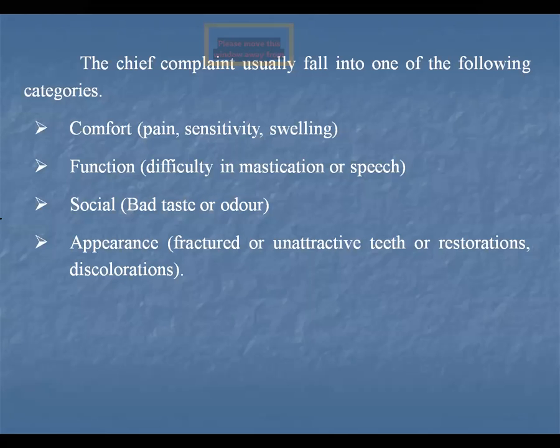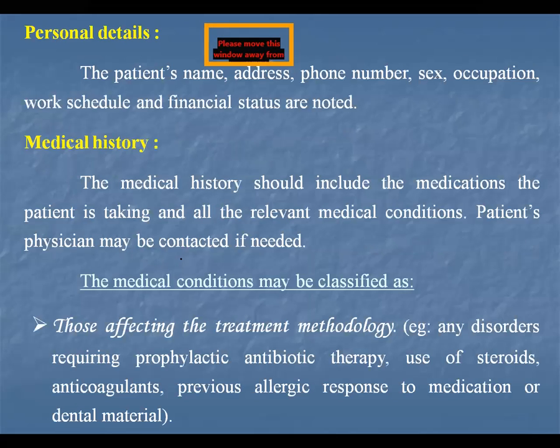These criteria should be evaluated properly. Function also, and the social stigma of the patient should be entered into your case history. The personal details also you have to enter: the patient's name, address, phone number, sex, occupation, work schedule, and the financial status if it is given by the patient.